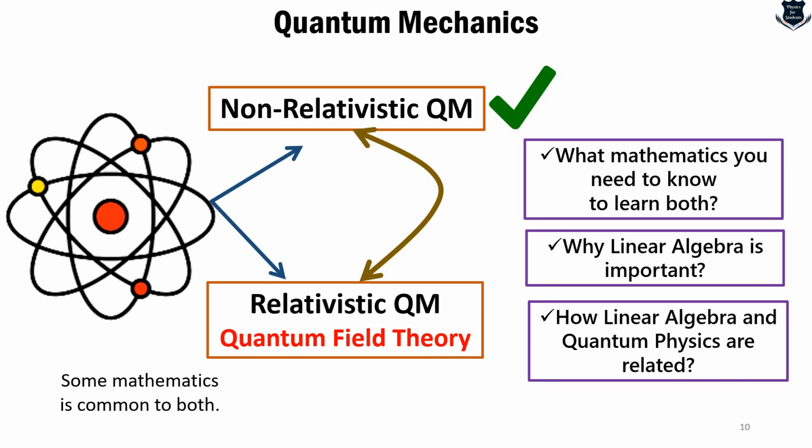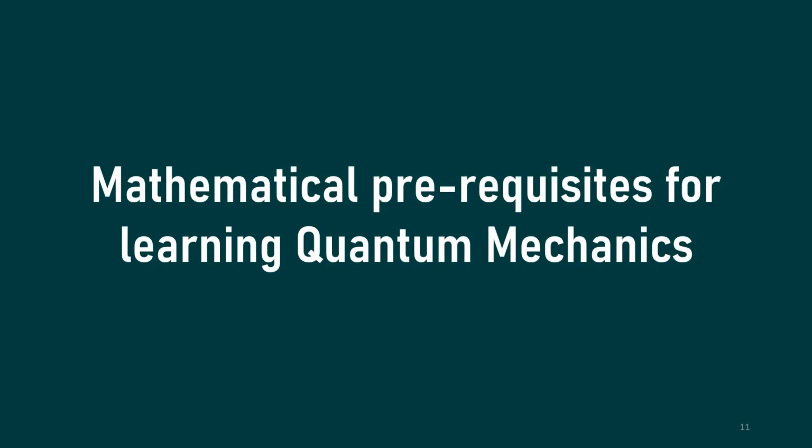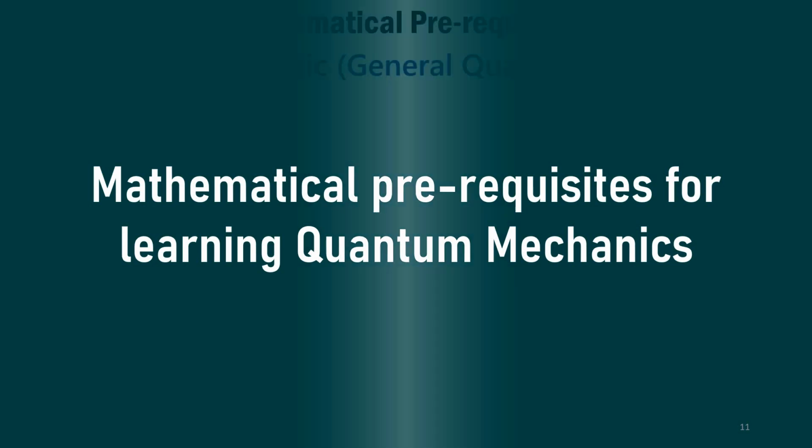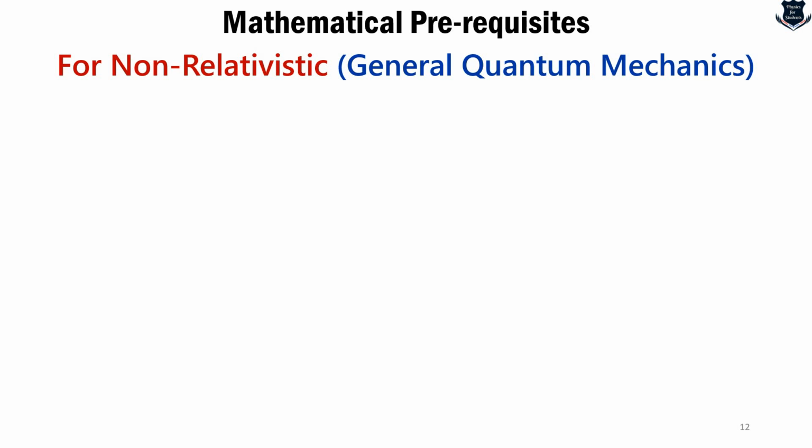But before that, what we need to know is what the mathematical prerequisites are for learning quantum mechanics. When I say quantum mechanics, obviously I mean non-relativistic quantum mechanics, although once you learn some of this part, it will be very clear in learning quantum field theory, that is, relativistic quantum mechanics. So first I would like to show you the mathematical prerequisites for non-relativistic quantum mechanics.